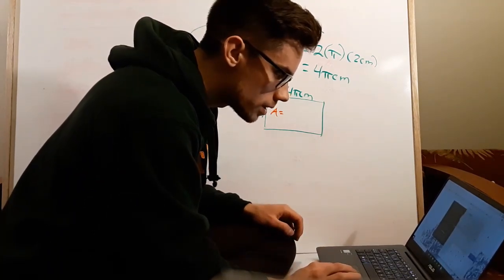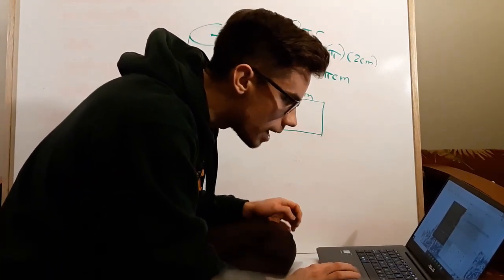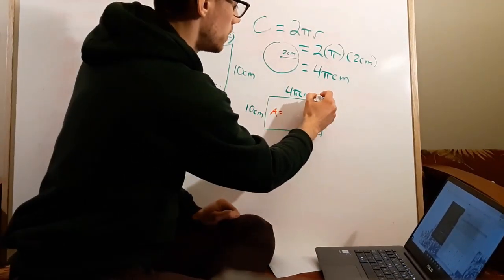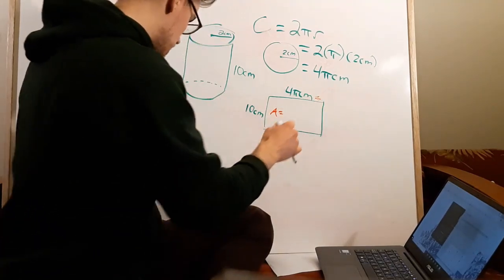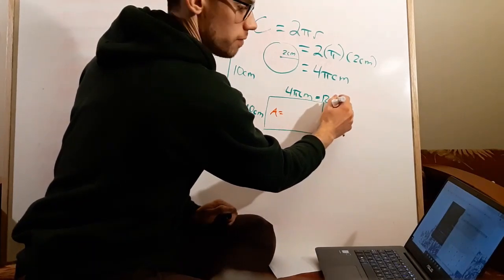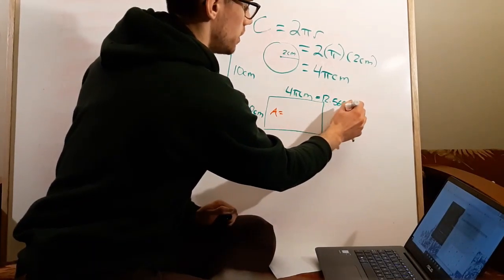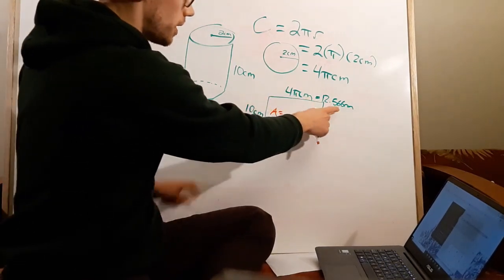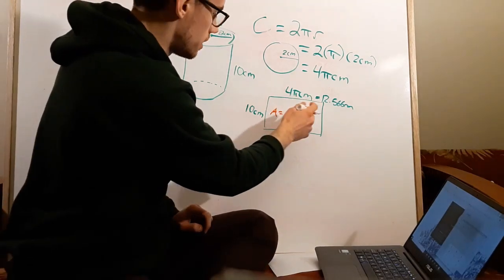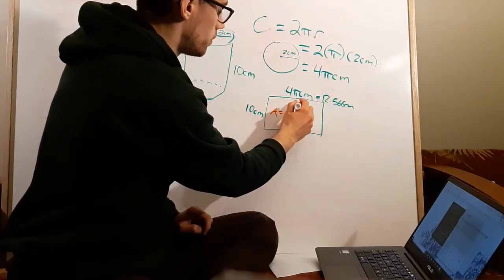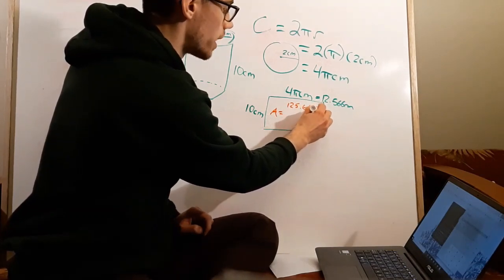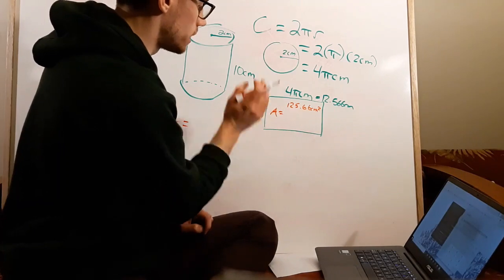If I do 4 times pi, that gives me 12.566 centimeters. So I could multiply 12.566 centimeters by 10 centimeters. That would give me around 125.66 centimeters squared, if I did length times width there.